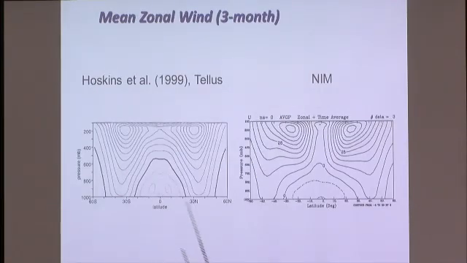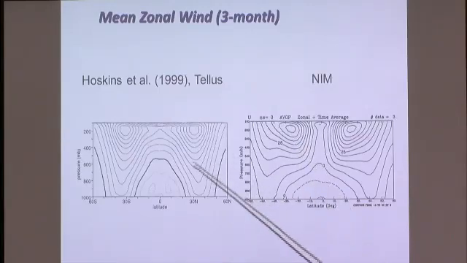The aquaplanet simulation provides the upward heat flux in the tropics and downward heat flux in the high latitudes. The difference between this heat flux generates the circulation through the thermal wind relation. We ran 800 days, doing the three months average, compared with Hadley, quite similar.